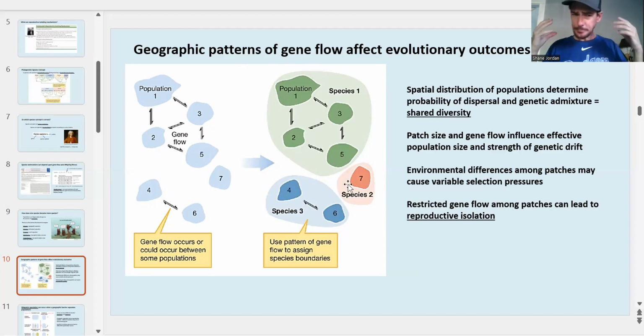And if this sort of process plays out for long enough, and there is some level of restricted gene flow, then we can really get to the point where these 7 different populations that make up one species have diverged into 3 separate species because of the processes of random mutation, genetic drift, and variable selection pressures in different environments, also being driven by different patterns in gene flow.